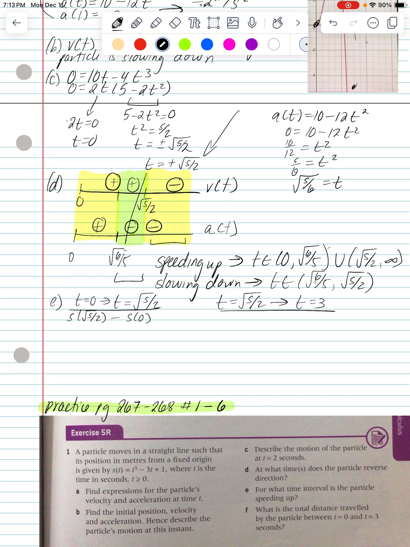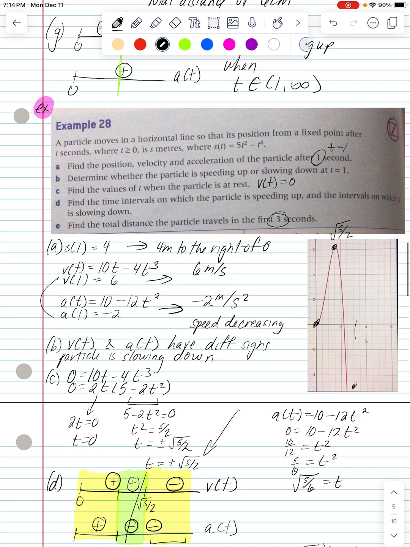So if you plug root 5 over 2 into the position function, I ended up just generating a decimal value. So I got 6.25, and then when I plugged 0 into the original position function, I got a 0. For this, I plugged 3 in, and I subtracted root 5 over 2 again. So the position at 3 is negative 36.